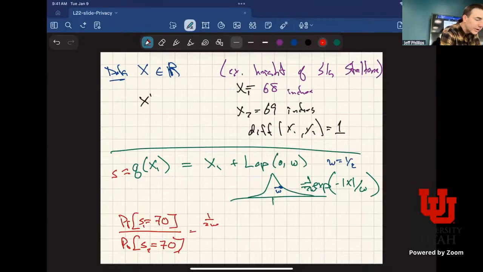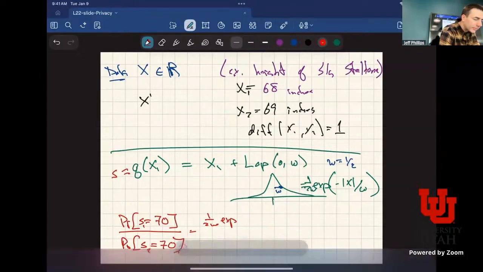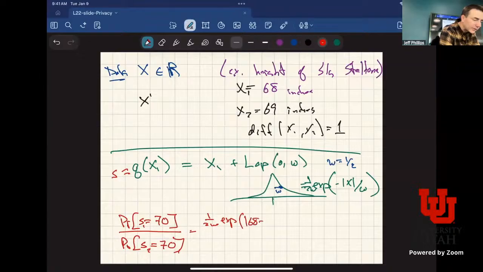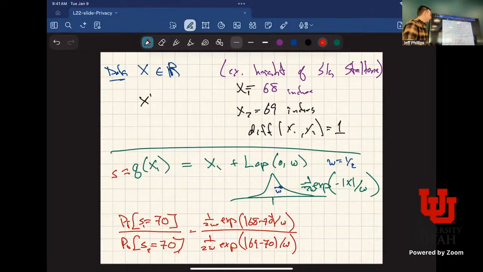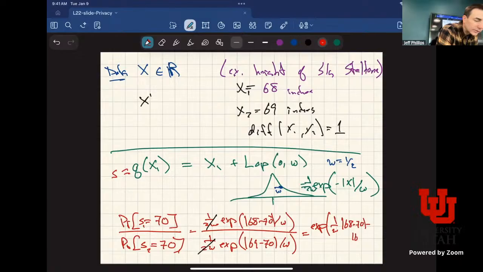This is 1 over 2W times the exponent of 68 minus 70 divided by W, divided by 1 over 2W times the exponent of 69 minus 70 divided by W. What's going to happen now is these two things will cancel out, and I can look at the ratio of the exponents, which is going to equal the exponent of 1 over W times (68 minus 70 minus 69 minus 70).